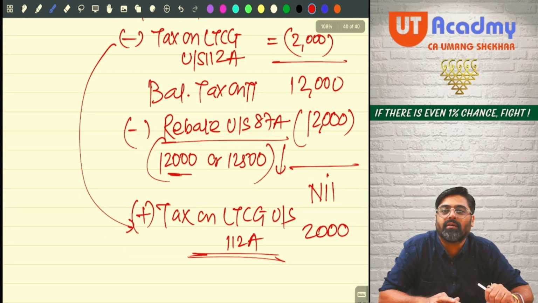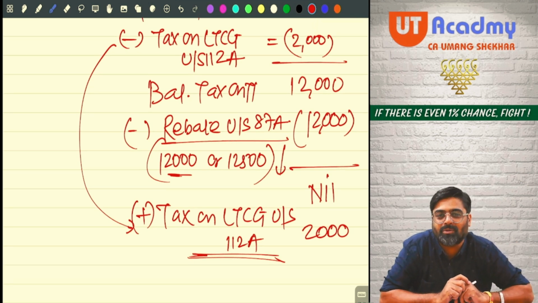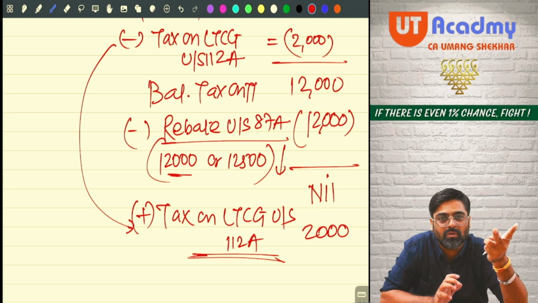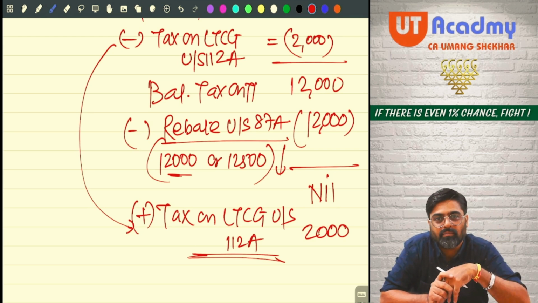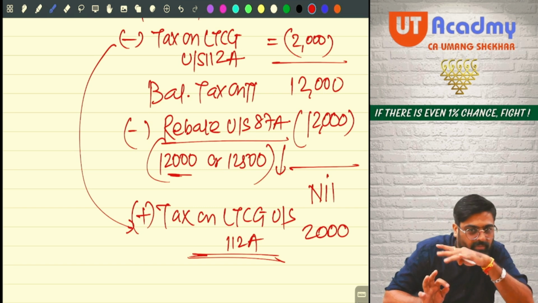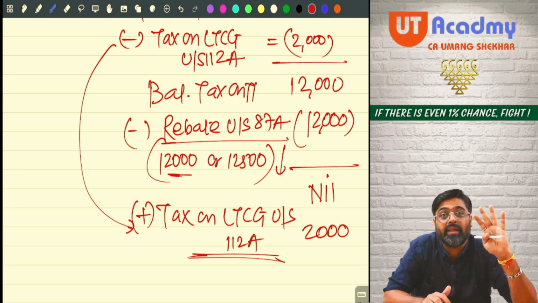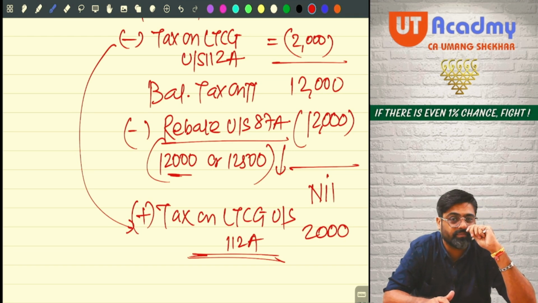Getting my point? So how much is the total tax now which you are supposed to pay? After rebate it was nil, but you have to pay this 2,000, no? So pay 2,000, but with 4% cess. 2,000 into 4% will be how much? 80 rupees. 2,080 will be your gross tax liability.